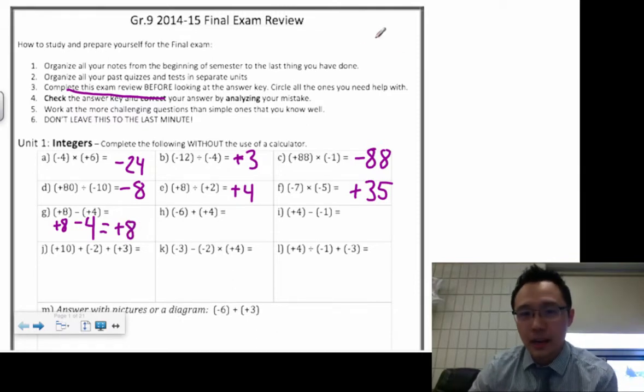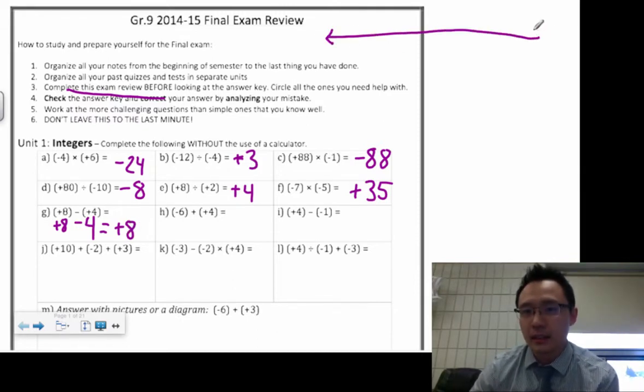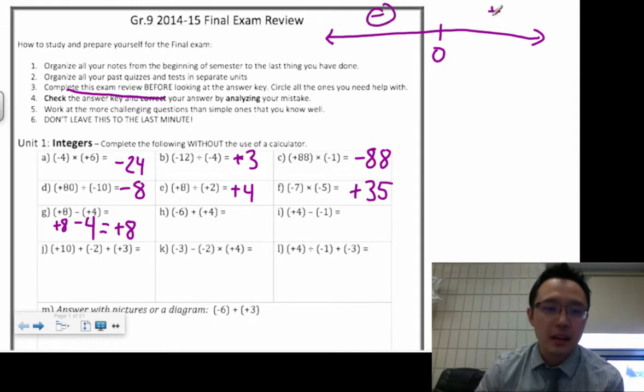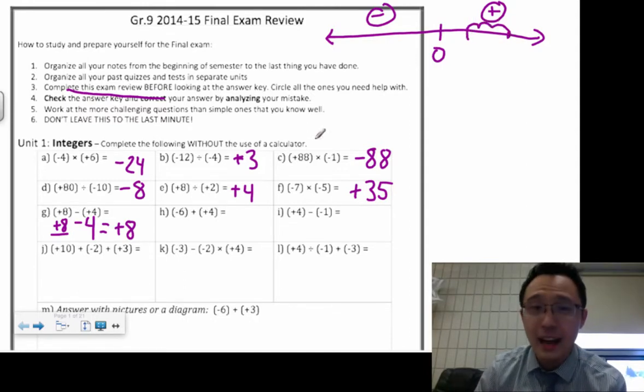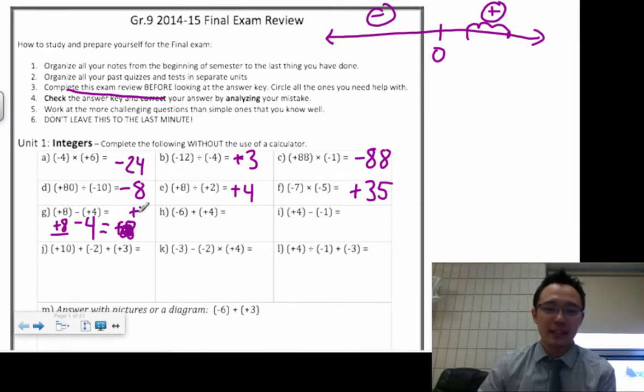If you look at the number line, let's do a rough number line. 0, this is all the negative side, all the positive side. If you start off with +8, you're somewhere here. -4, you're going backwards. So you're going backwards 4 times. Why do I even have +8 here? Oh, that's a mistake. It should be +4. That's the answer.